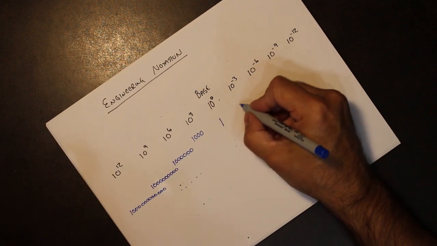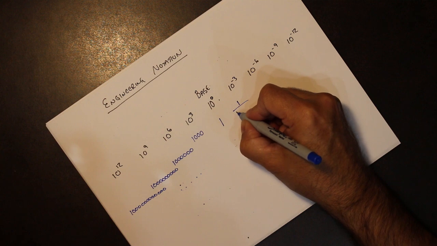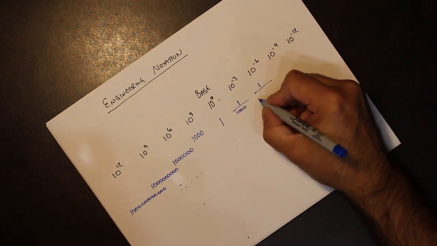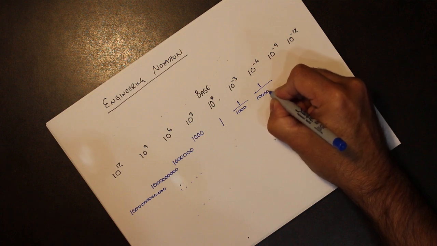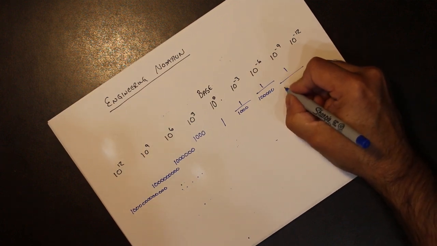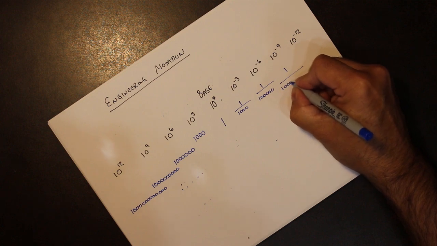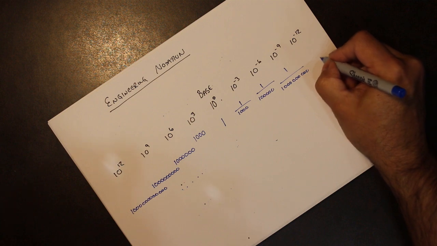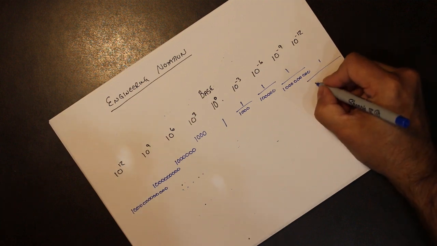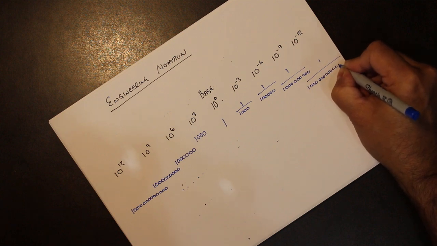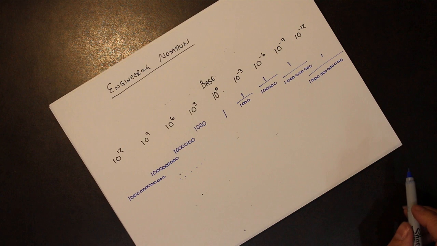On the other side, it's 1 1,000th, 1 1,000,000th, 1 1,000,000,000th, and 1 trillionth.